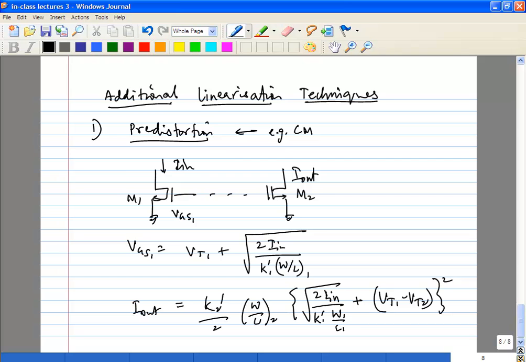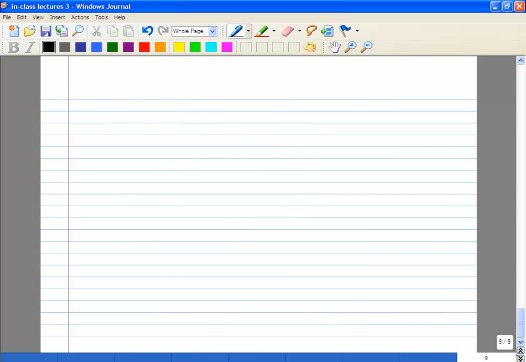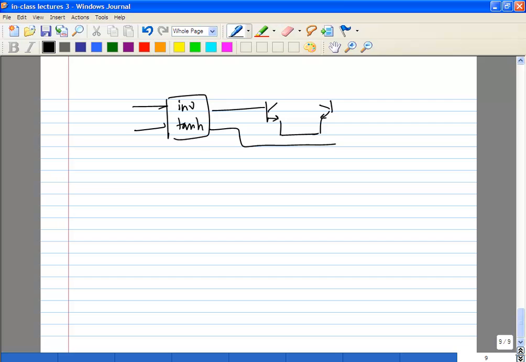The other kind of predistortion which is very common is in bipolar transistors. This is kind of the classical one. Remember that your differential pair has a tan hyperbolic function from input voltage to output current, right?